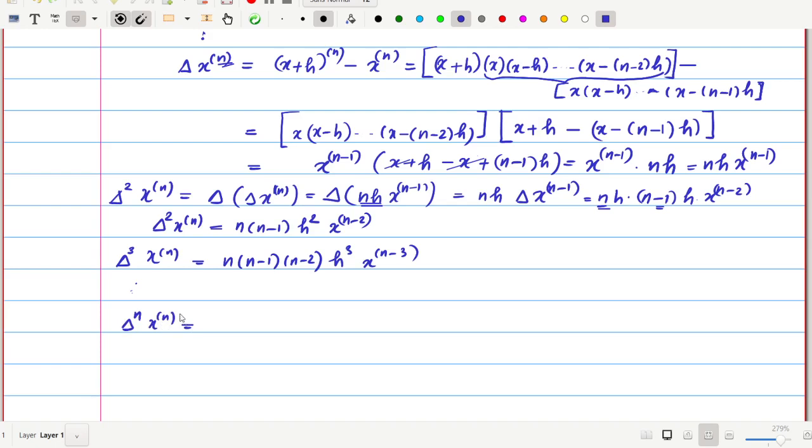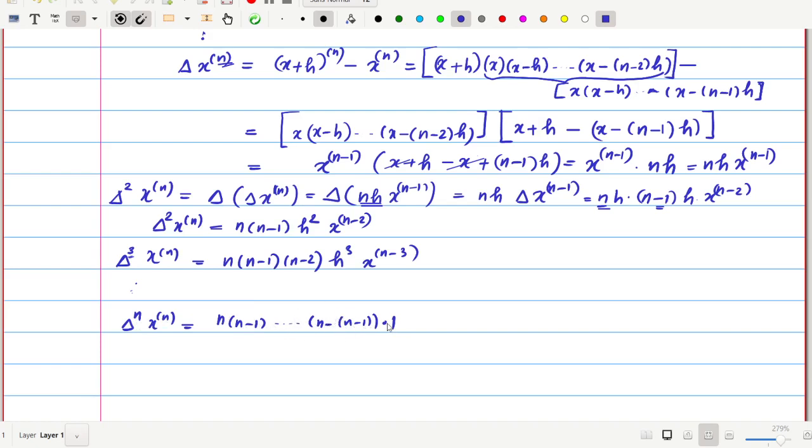It is obtained by replacing these quantities as n times n minus 1 times etcetera, down to 1. If we have 3 here, then we have 3 terms; if we have n here, then we have n terms, starting from 1 all the way up to n. That will constitute n factorial.